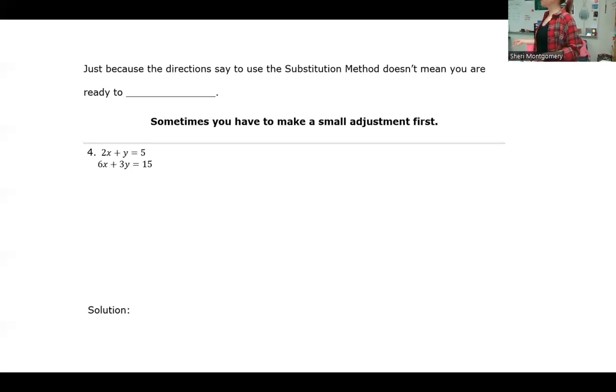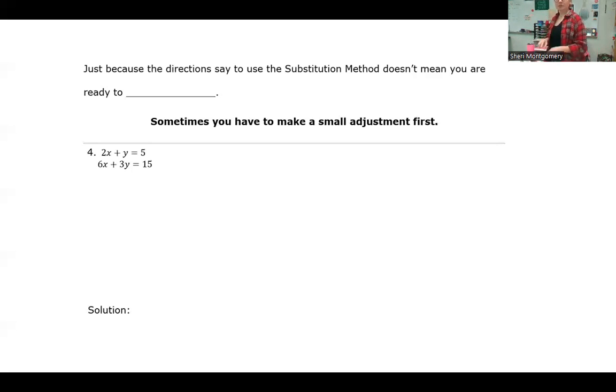But I will tell you that just like graphing last time, when we went to go graph them, not everything was in y equals, but everything that we had to do was simple. It was, oh, divide by 4. Oh, subtract 3x. It was simple. Same thing with substitution. I'm not going to tell you to use the substitution method if you have to do a bunch of stuff to both equations.